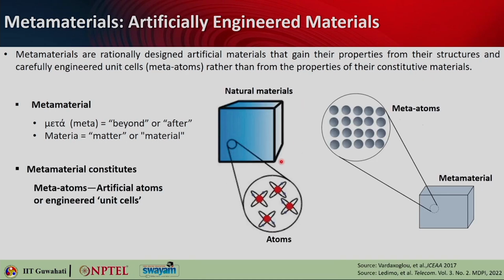This diagram shows you the analogy between atoms and meta atoms. Atoms constitute natural materials. Similarly, meta atoms constitute metamaterials, and you have complete control on designing each of these meta atoms depending on the required property.